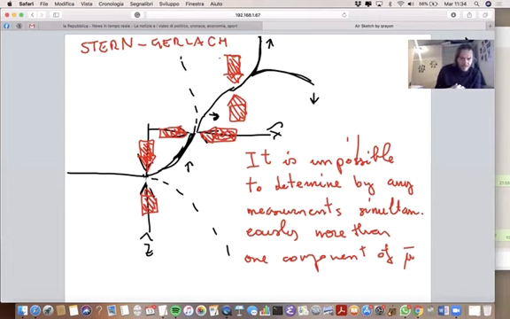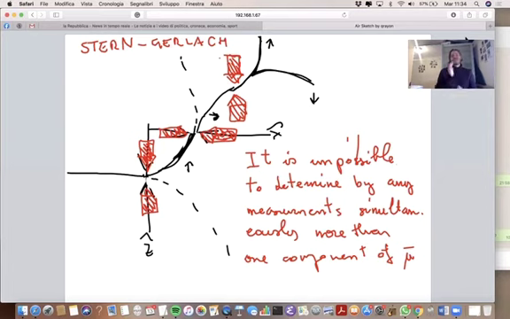So this is an ontologic limitation, not a technological limitation. This is not a consequence of the fact that we have bad tools. Better equipment would not lift this. No matter how sophisticated you are, how weak your magnetic field, how precise your measurement of the splitting is, there's nothing you can do.